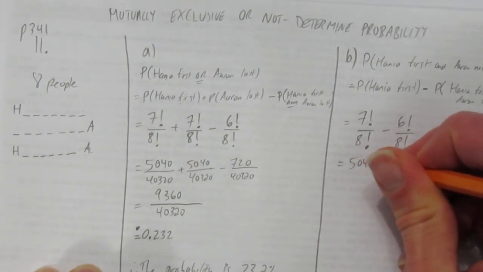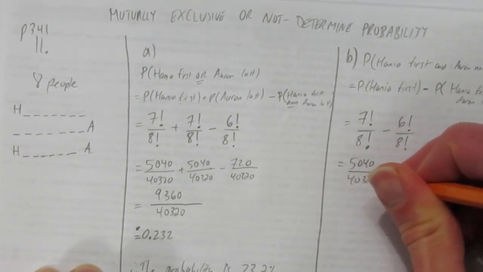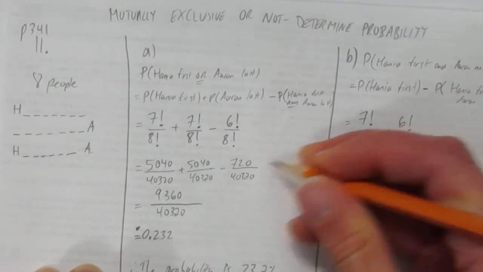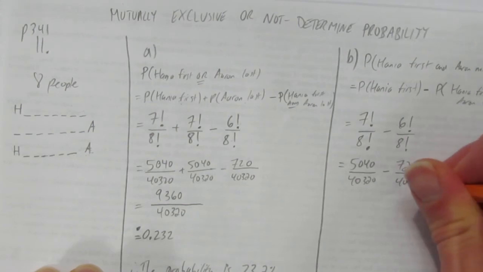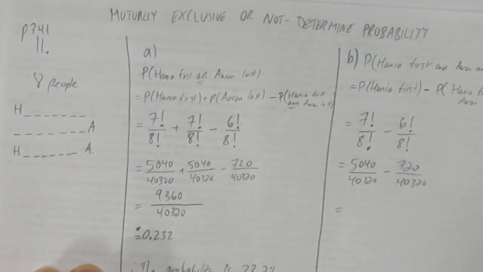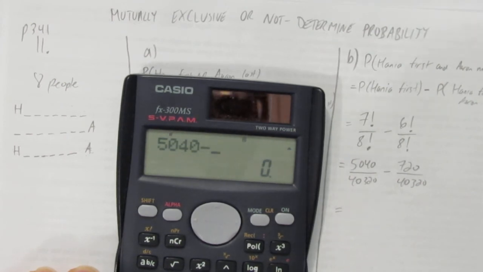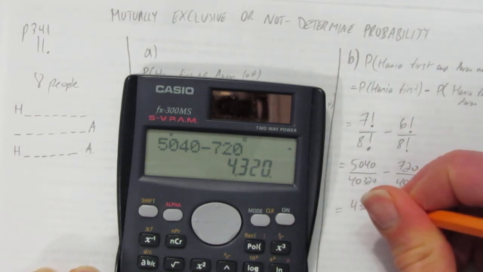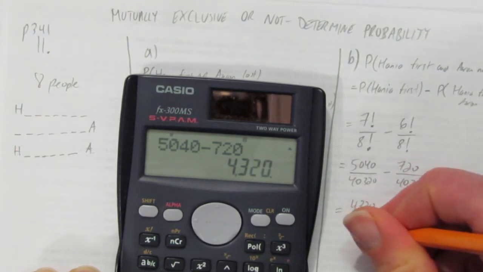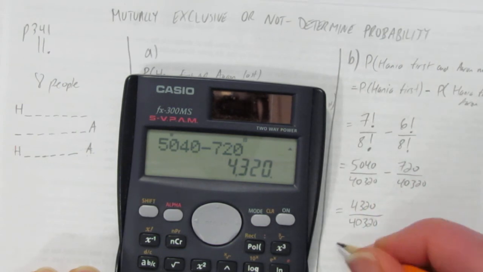It's just 5,040 over 40,320 minus, what's 6 factorial? 720 over 40,320. Again, you're subtracting fractions. Just do the number on the top minus the other number on the top. Leave the denominator alone. You can watch a video on this if you need to work with fractions a little more carefully. Otherwise, we've got our fraction.